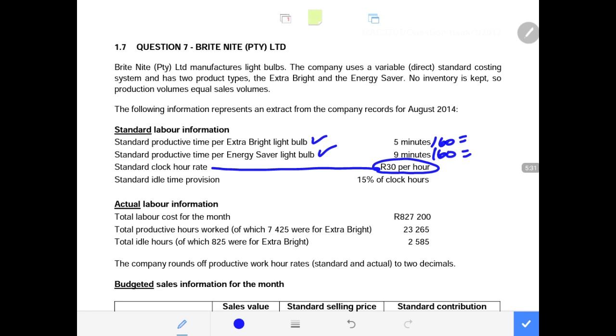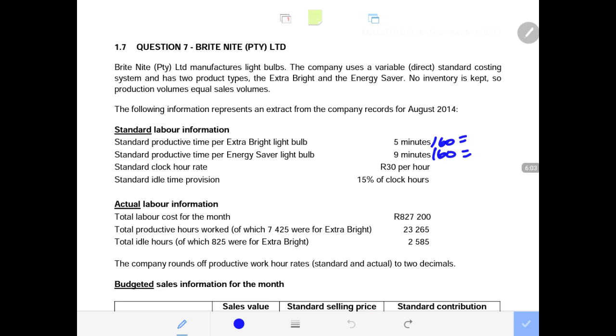Remember, in some instances, the labor rate might differ with the product that the company is producing. Some employees might get paid higher because of special skills needed to produce a specific product. But in this case, all the employees are paid 30 rand, either they produce the energy saver or the extra light bulb.